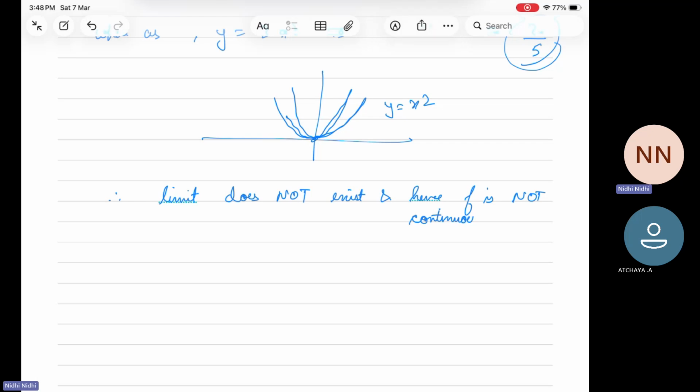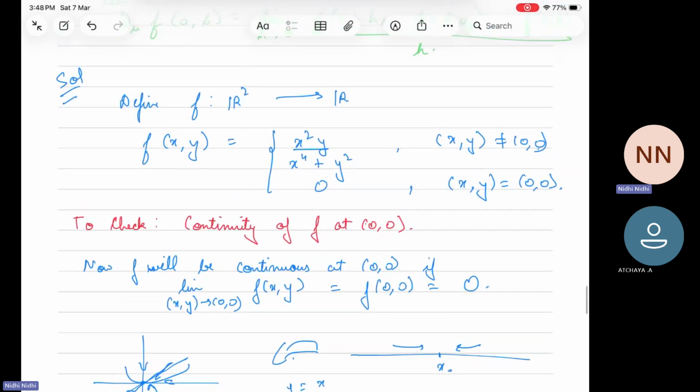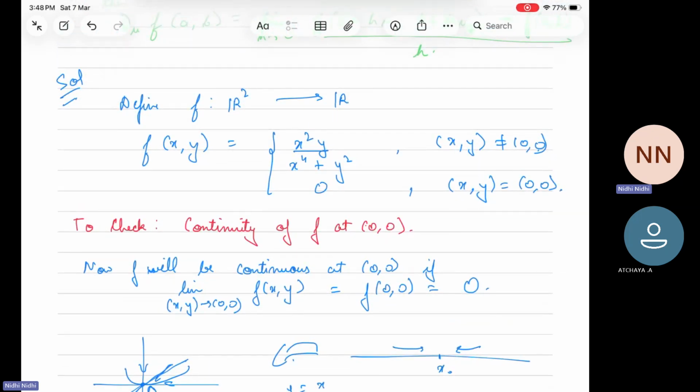Now, since limit is not existing, what can we say about continuity? So the function f is not continuous at origin. But still, we will see that in this case, the directional derivatives exist. I hope this is clear how the limit is not existing and hence the function is not continuous at origin. So basically, that's just the fact that along different paths, the limit is turning out to be different.